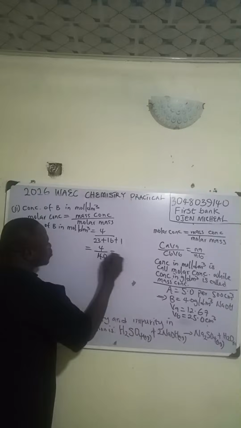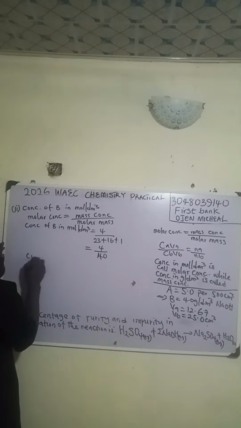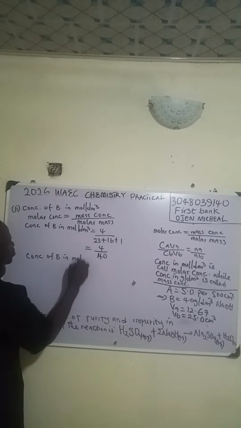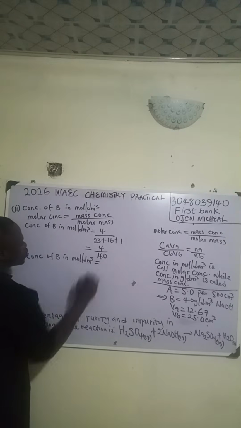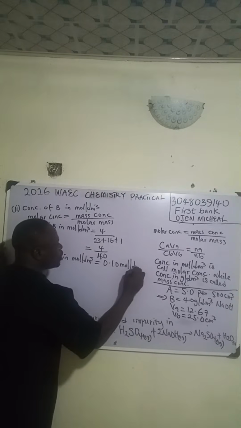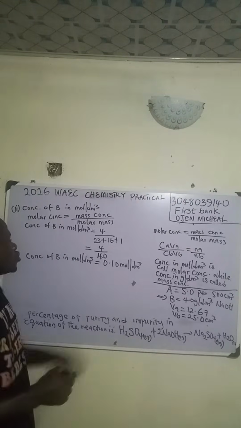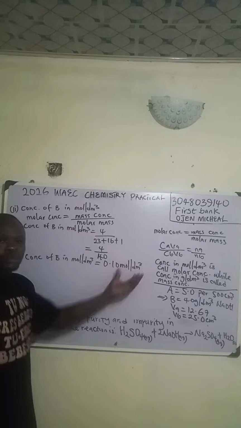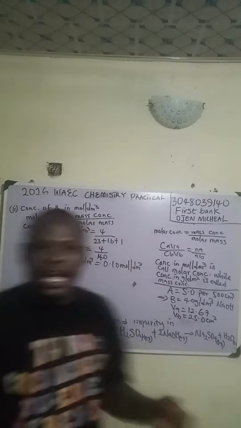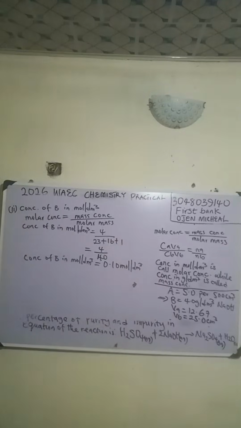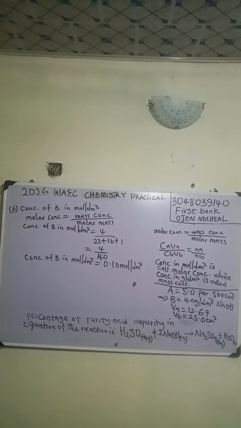Concentration of B in moles per dm³ is equal to 0.10 moles per dm³. Please, always put your units. So at the end we have 0.10 moles per dm³, and that is what we use to determine our endpoint. Take note of that. This question was calculated. Thank you very much.